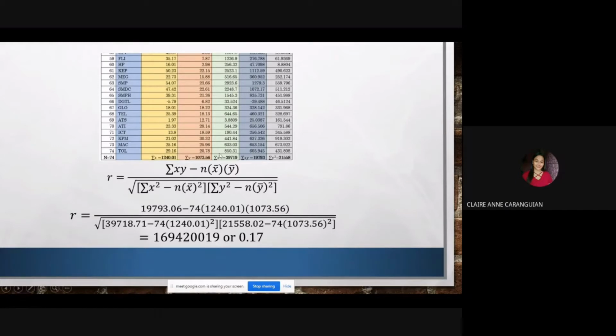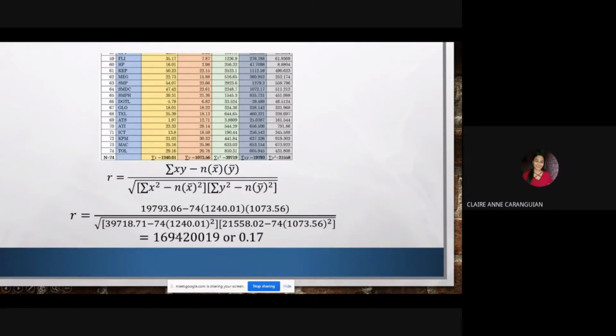summation of x squared here, 39,719. This is rounded off, but what we computed is 39,718.71. We need to use 2 decimals, okay? Next is the 74, the number of sample, since we are using 74 companies.